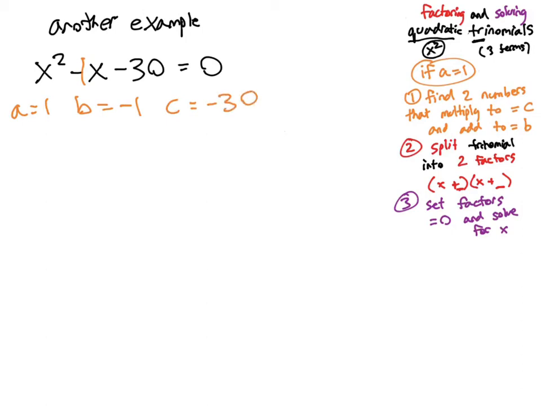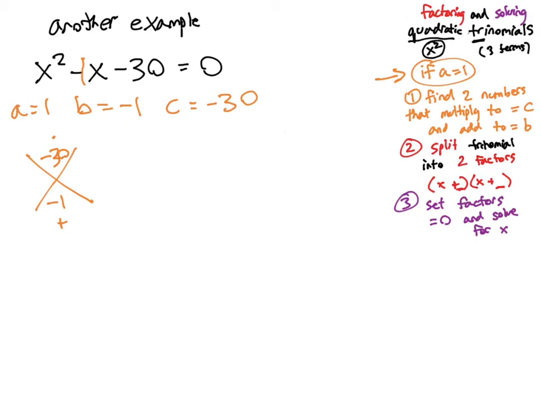Because a is equal to +1, we can use this shortcut method here and just worry about the coefficients b and c. So we need to find a pair of numbers that will solve this puzzle for us. Something times something is -30, and that same pair of numbers added together equals -1.